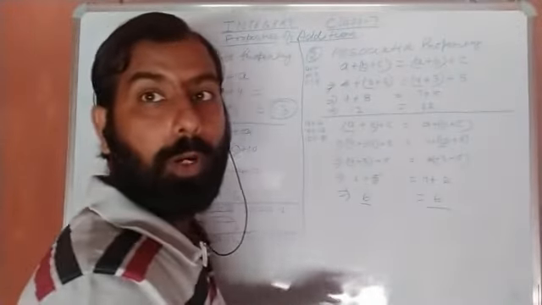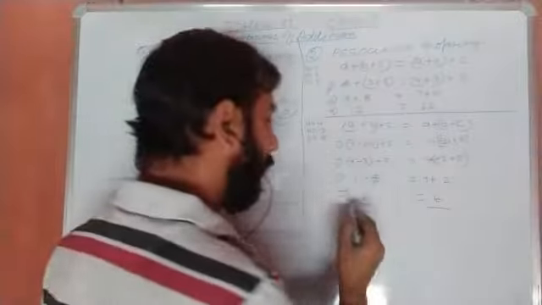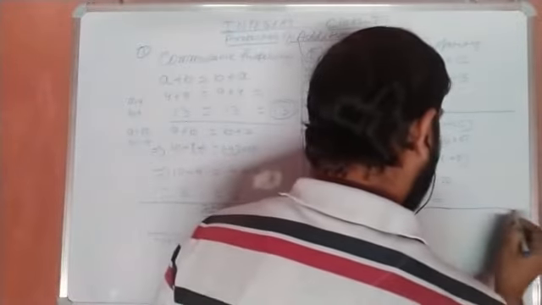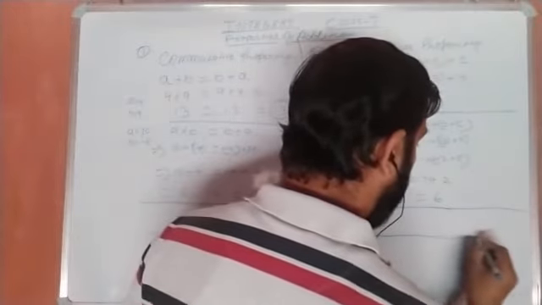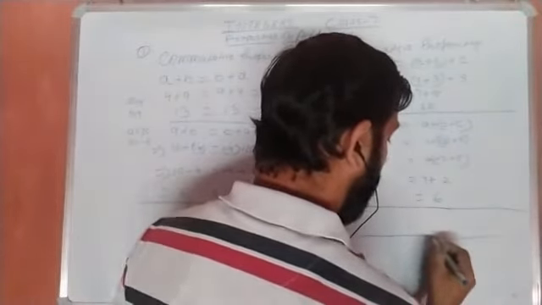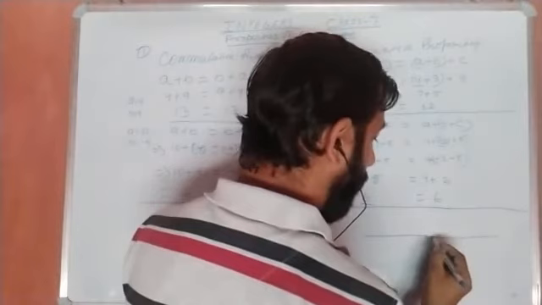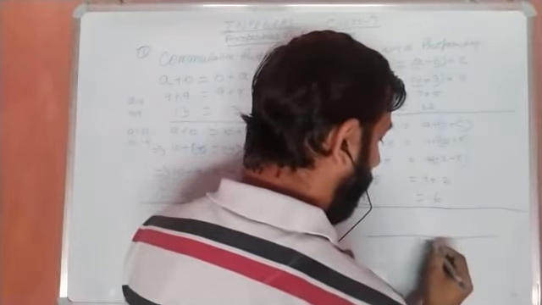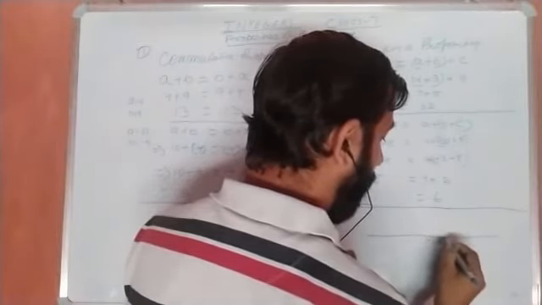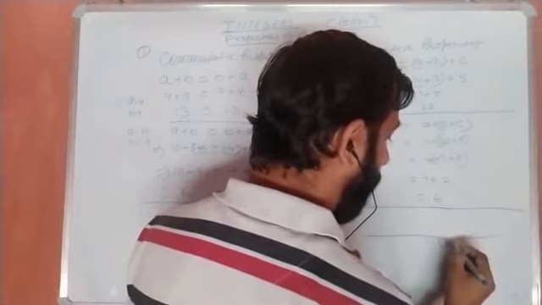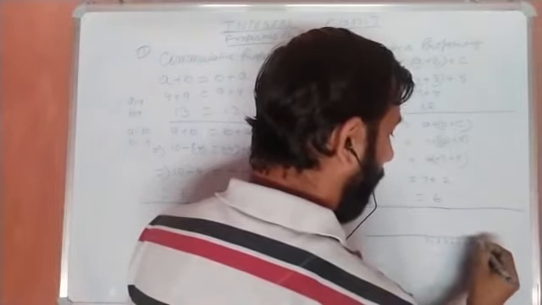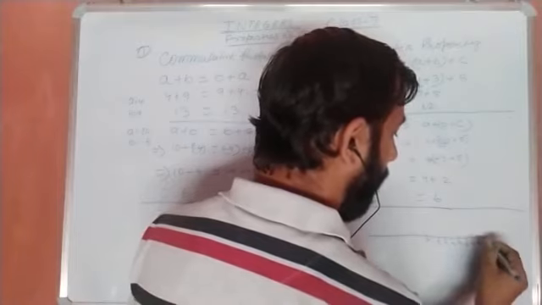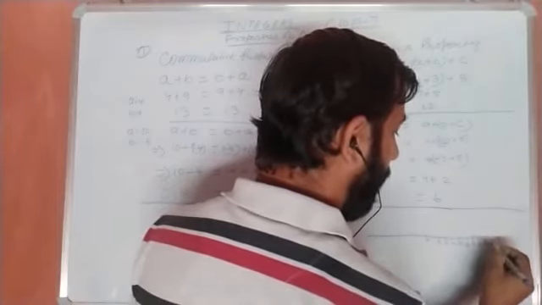If you want to plot on a number line, that will also be very easy in this way. Suppose we draw a number line: 0, 1, 2, 3, 4, 5, 6, 7, 8, 9, 10.